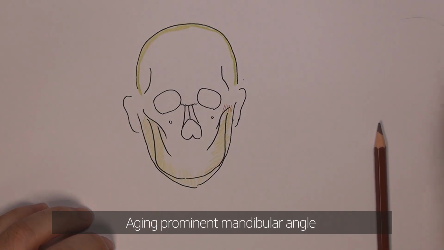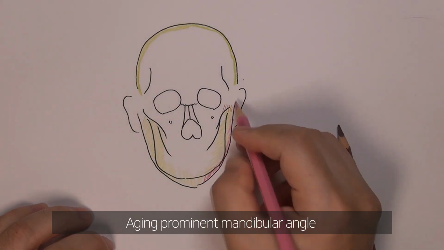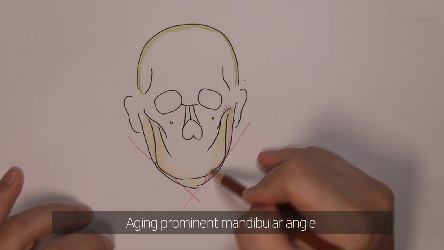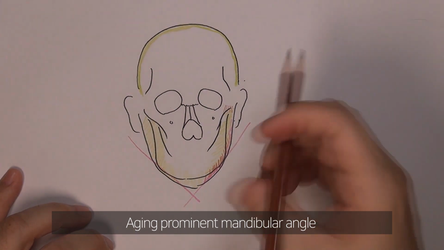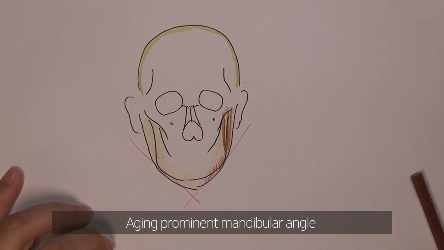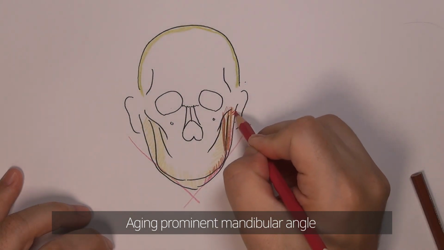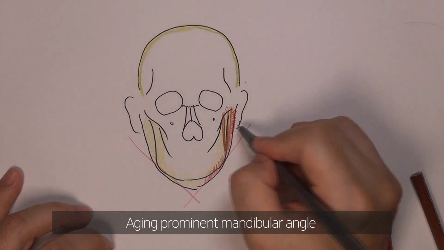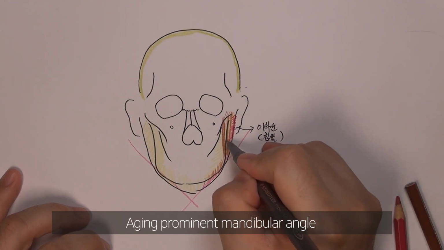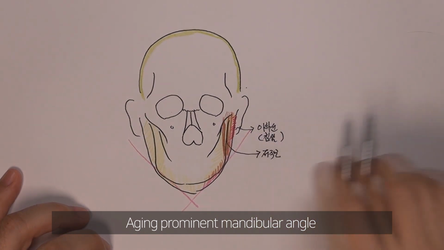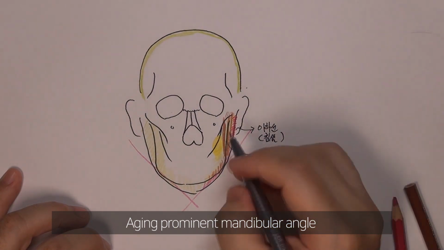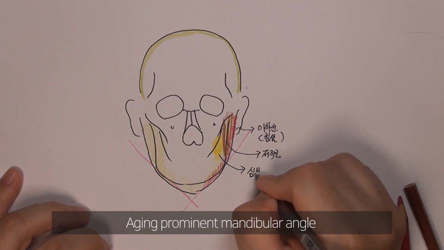When we are young, various soft tissues are attached to the mandible, including the masticating masseter muscle, the parotid gland, and the buccal fat pad, which is tightly attached to the mandibular border, forming the V-line. There is the masseter muscle, and outside there is a big salivary gland, the parotid gland, and inside, about 5 to 7 cc of buccal fat pad is tightly arranged.